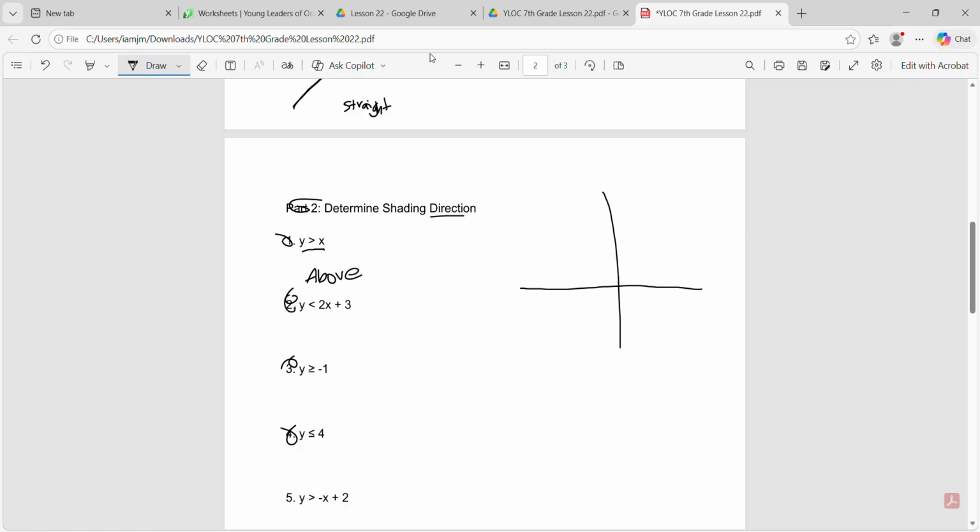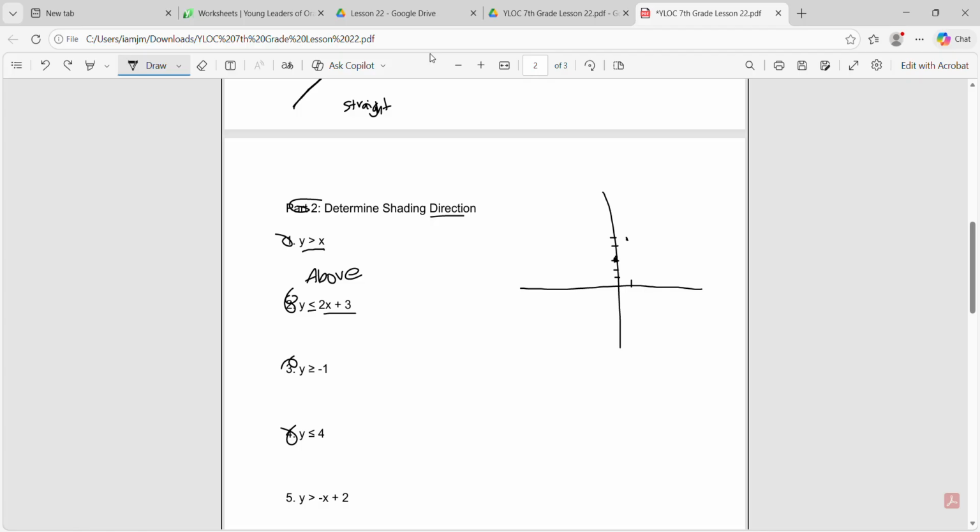Number 2, y is less than 2x plus 3. So plus 3, 2. That's going to be our line. And y is less than. So since y is less than this value, it should be dashed also.